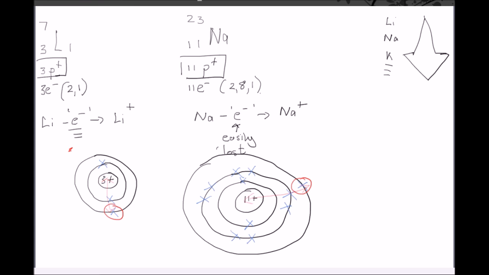Now, some of you that are on the ball here will say, well, hold on a second, there are more protons in the nucleus of the sodium than there are in the nucleus of the lithium, therefore this electron in the sodium should be held more strongly. And that's a valid line of thought. However, it is the increased distance, the number of shells, that is the dominant factor.